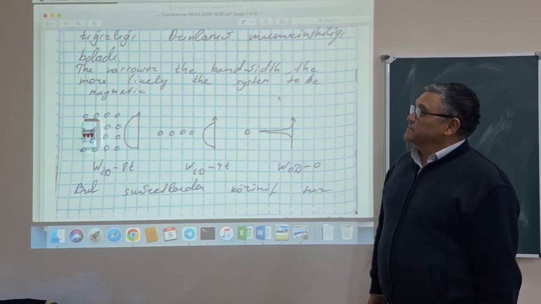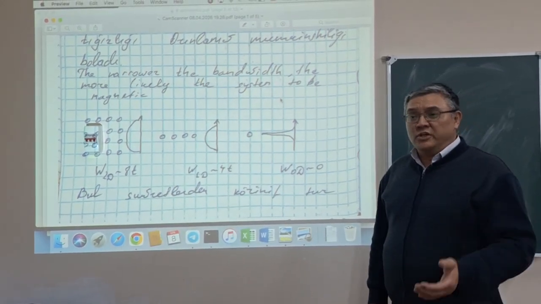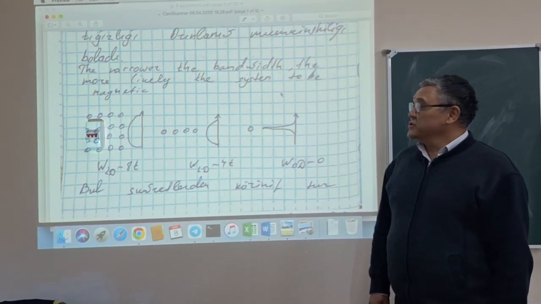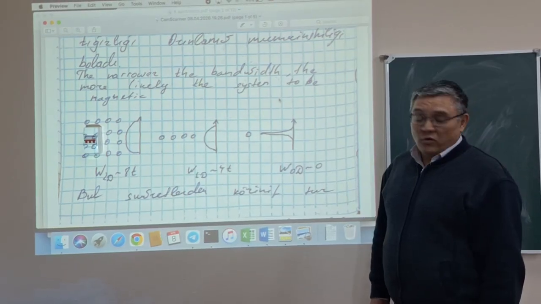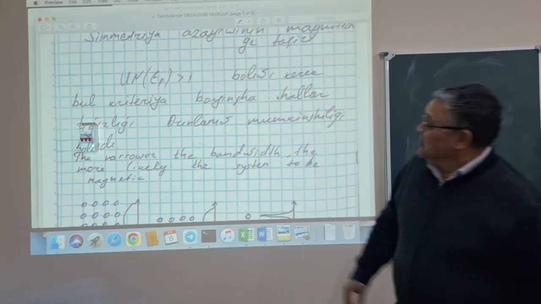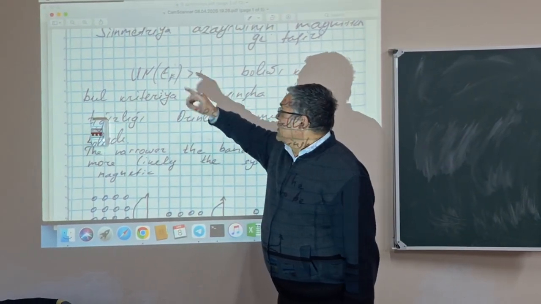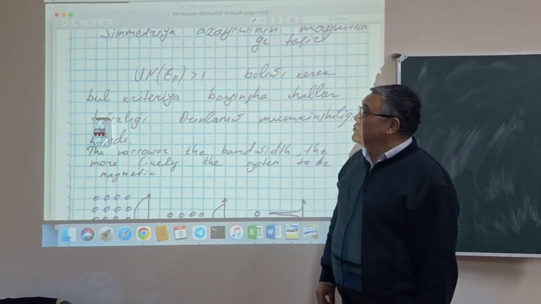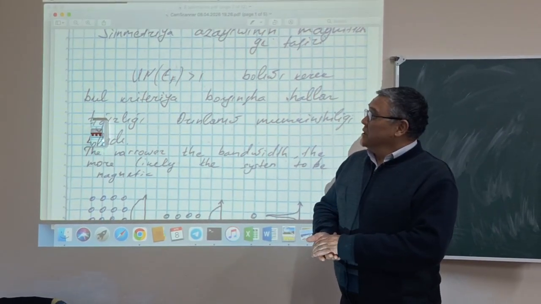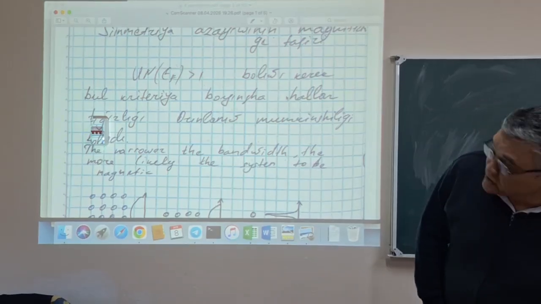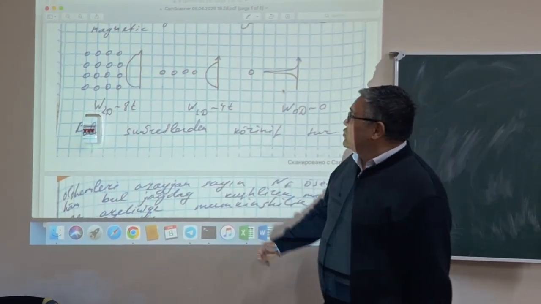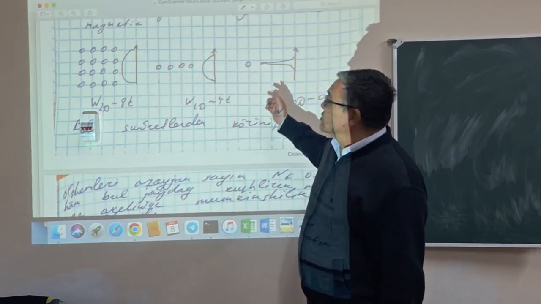So if we change the dimensionality of the systems, there could be some chance to increase this number of states at the Fermi level. This number of states at the Fermi level should be larger than 1 over U, and if we increase this number of states, then there will be a good chance to get the Stoner criterion working. So we have here the two-dimensional, one-dimensional, and zero-dimensional cases.